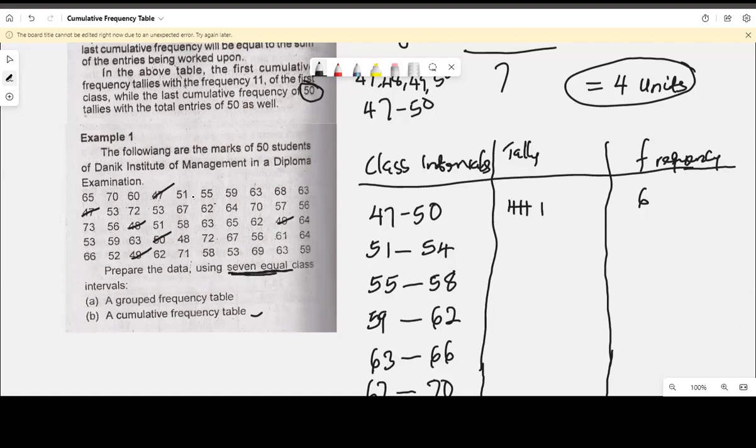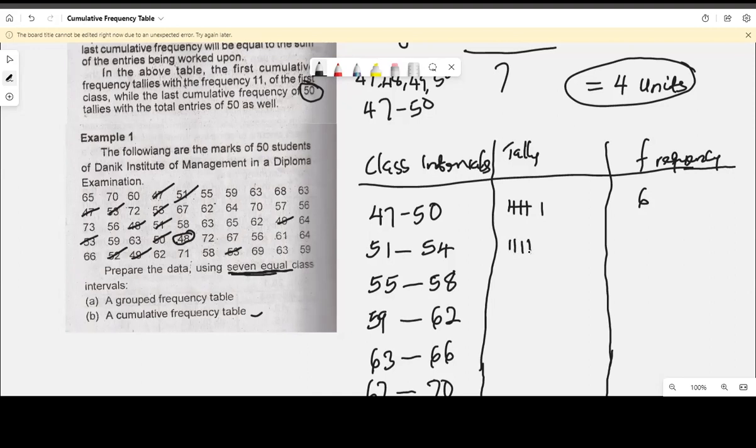Go back again and look for the data that fall into that interval, 51 to 54. 1, 2, 3, 4, 5. I actually missed this. Let me circle it. It's supposed to be in the first interval, 48. So the count is 8.